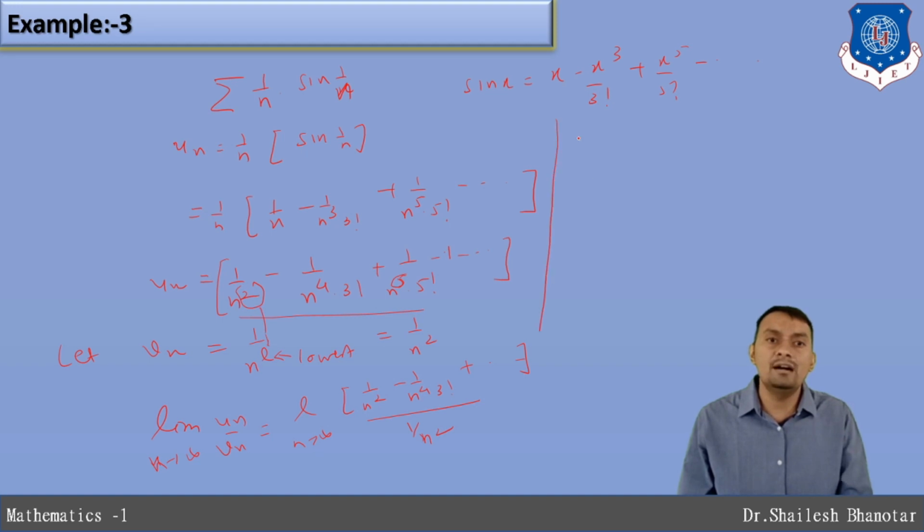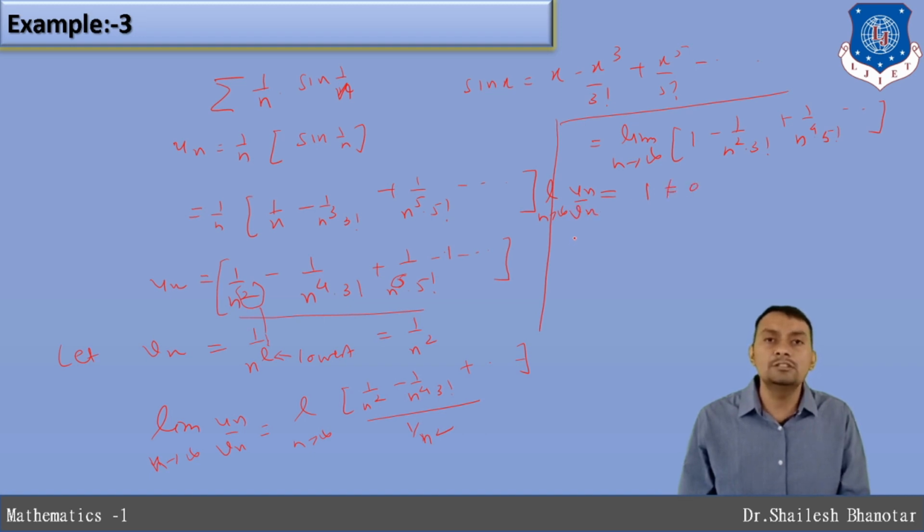Before applying the limit, when you divide this separately, you get the limit n tends to infinity of 1 minus 1 divided by n square into 3 factorial plus 1 divided by n raised to 4 into 5 factorial minus and so on. When you apply the limit, the answer is a finite quantity, so un divided by vn is non-zero and finite.